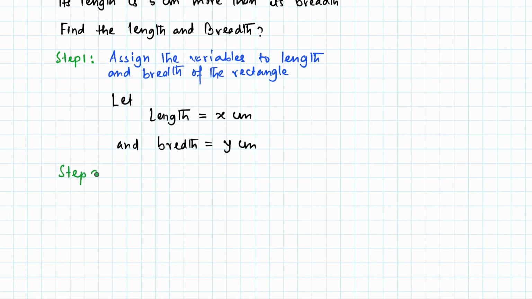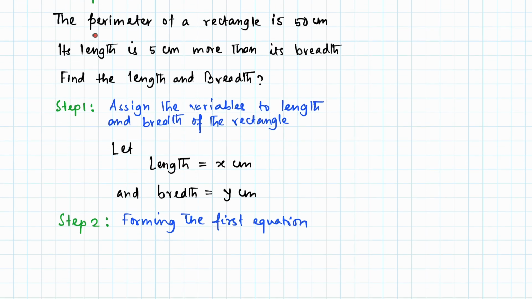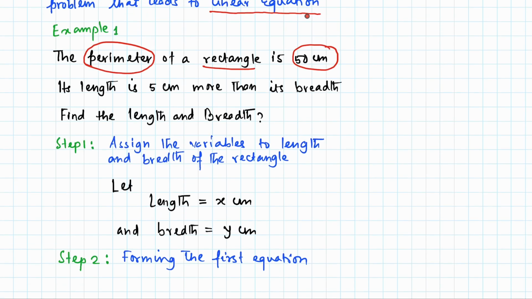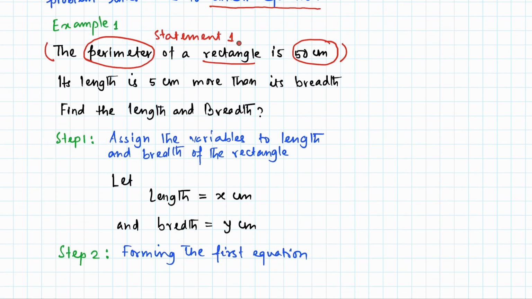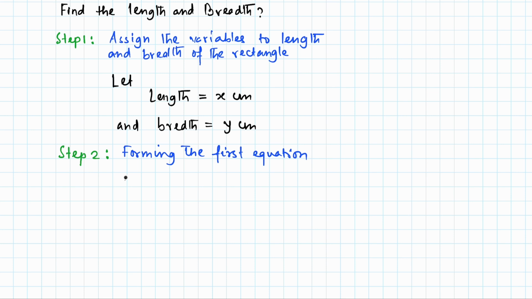Now step 2, we will form the first equation from statement 1 in the given problem. So let us go to the problem. The perimeter of a rectangle is 50 centimeter. We know the relations between the sides of the rectangle. Using that, we will try to form the equation.